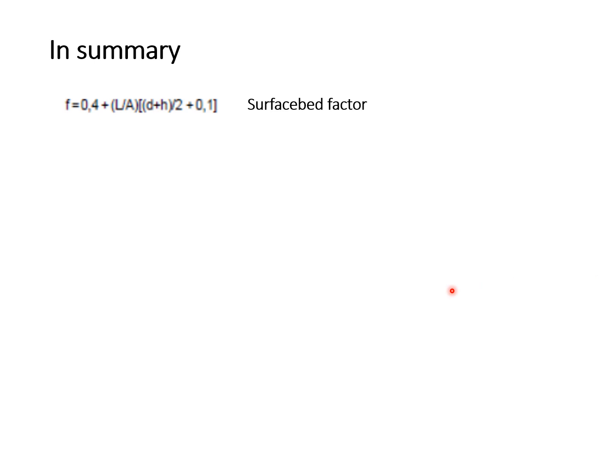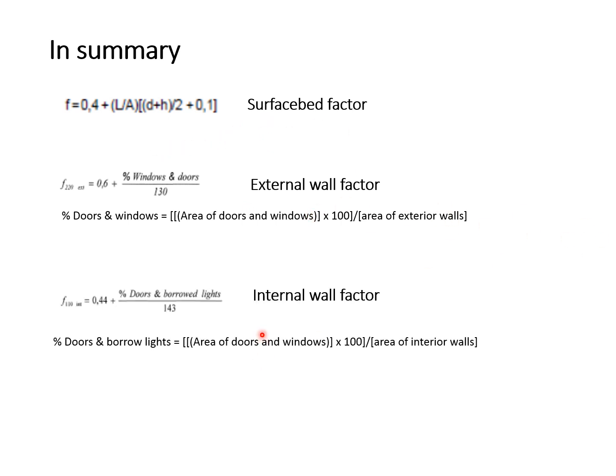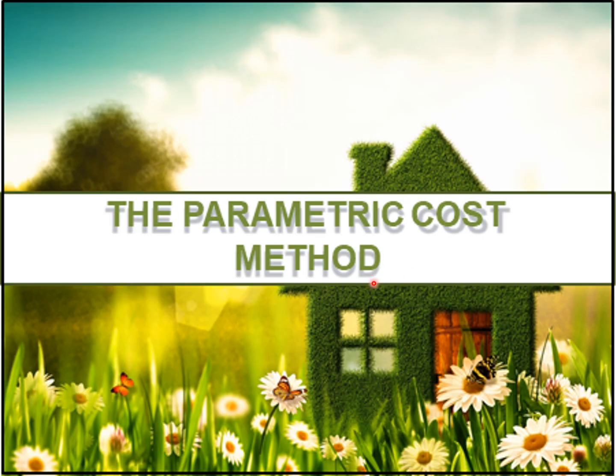So in summary, the following factors are necessary. It's your surface bed factor, your external wall factor, and your internal wall factor that you should be able to calculate. Then we get to the parametric system, and as I've mentioned, this is usually the get out of jail free card.